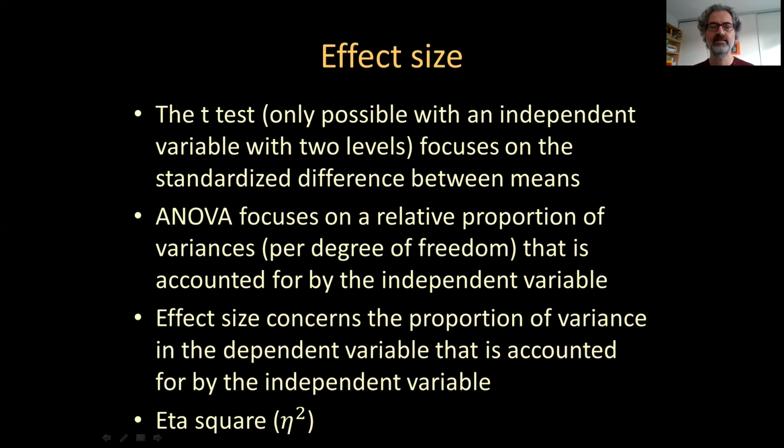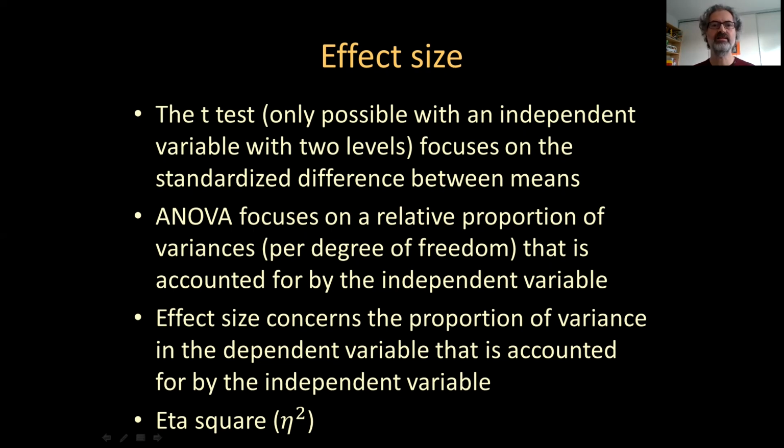The effect size doesn't have to do with the sample size. The effect size is how strongly the two variables are related in our sample, or how much we can predict one from the other. That's a different question. And in the context of the analysis of variance, the effect size is the proportion of the sum of squares that can be accounted for by the grouping.